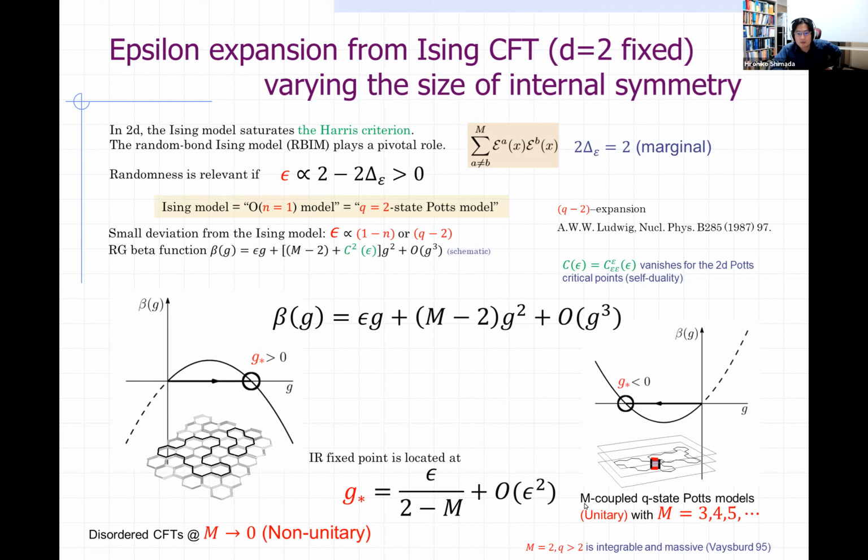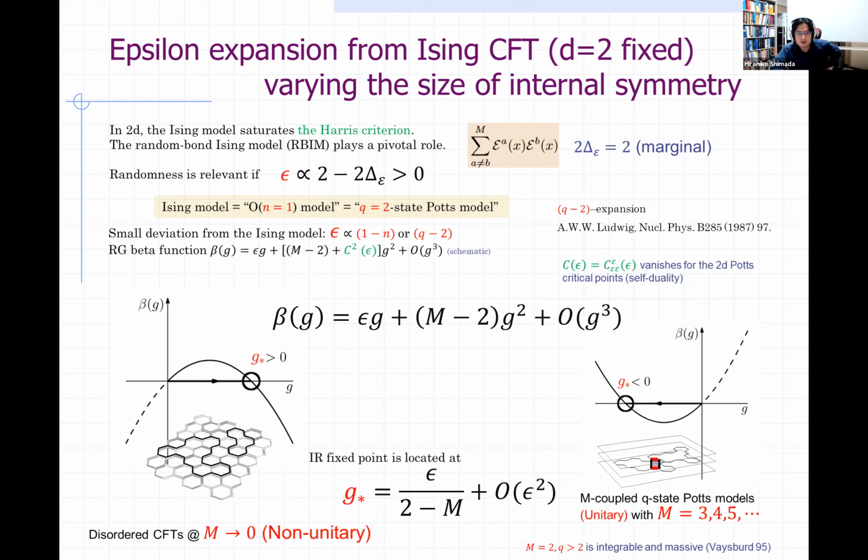The effective coupling of this form, the energy-energy coupling, becomes marginal at the Ising point, that is N equal 1 or Q equal 2. Randomness is relevant if the energy operator has dimension 2 minus 2 delta. So in this case, we may have a non-trivial fixed point for the random system.